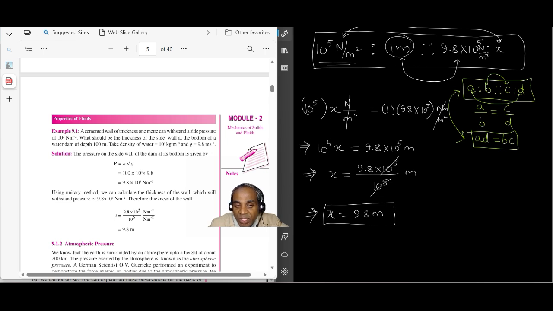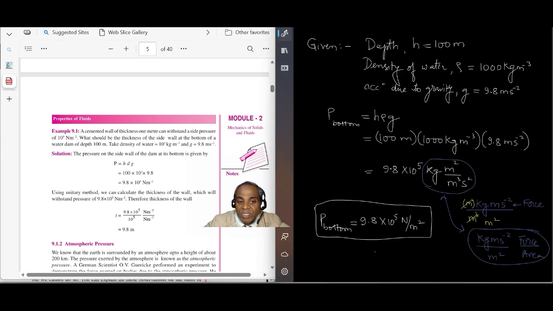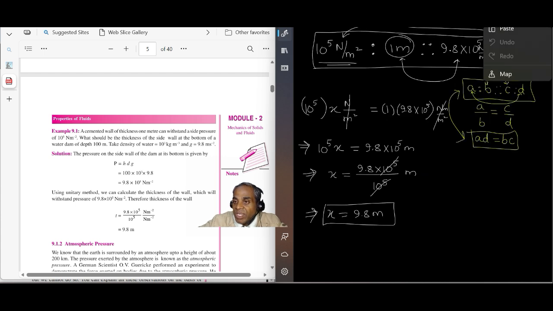So 100 into 10 raised to 3 into 9.8, so 9.8 into 10 raised to 5 Newton per meter square, which is what we got here, pressure at the bottom. Using unitary method or ratio proportion method, we can calculate the thickness of the wall. So for withstanding 9.8 into 10 raised to 5 Newton per meter square, thickness of the wall required is 9.8 meters. So I think we got the correct answer.